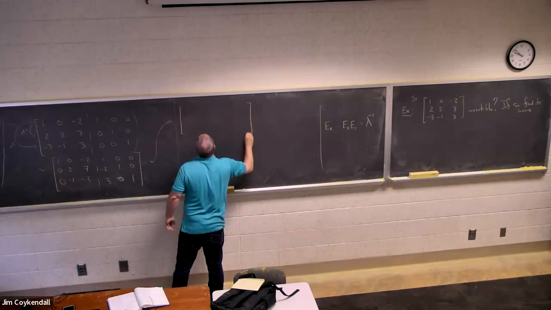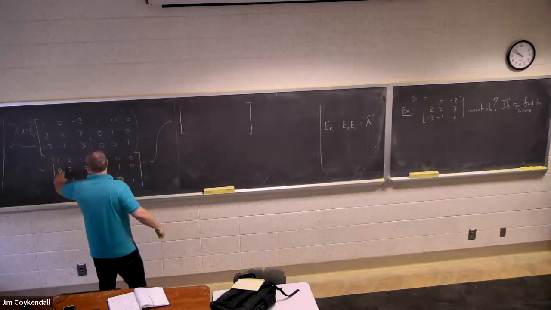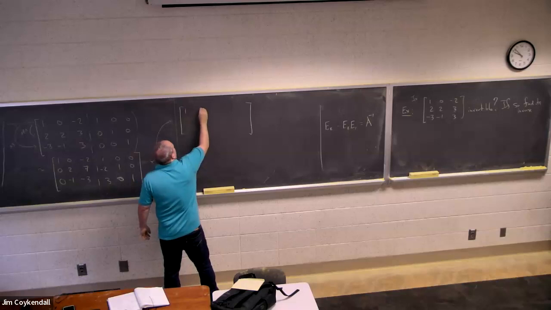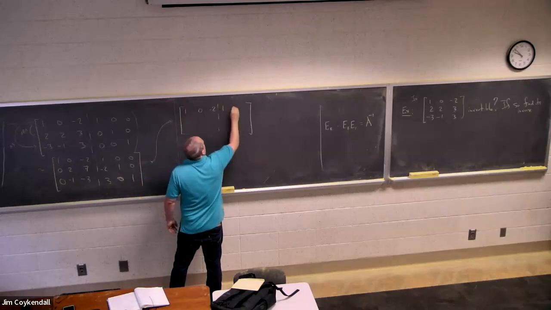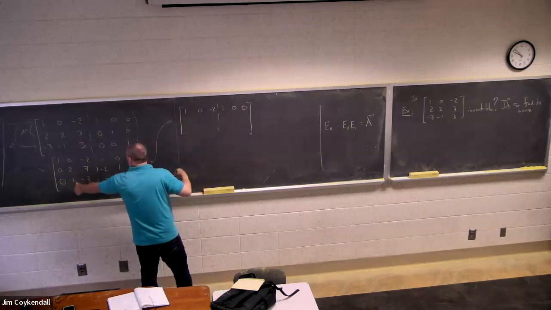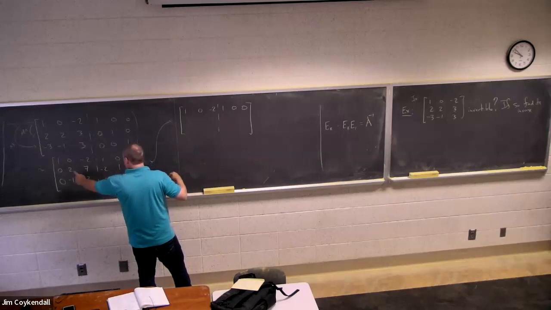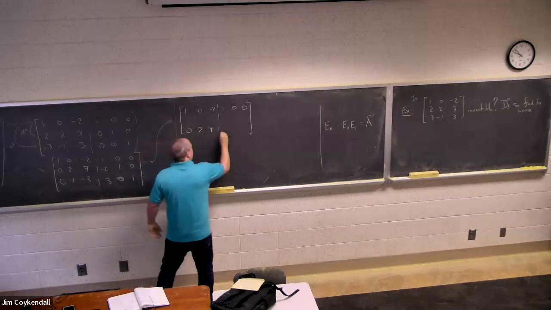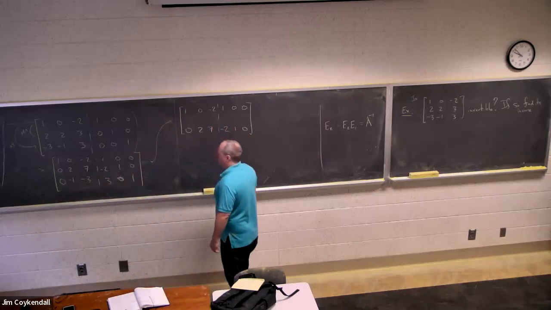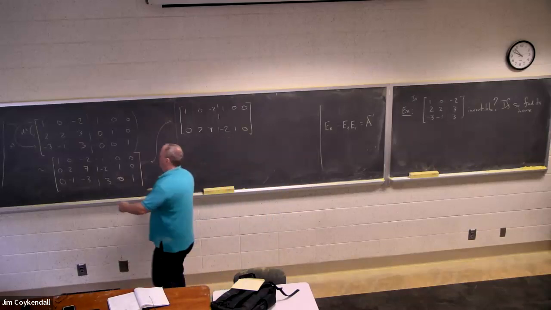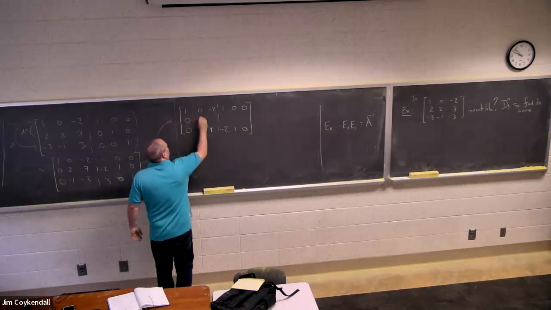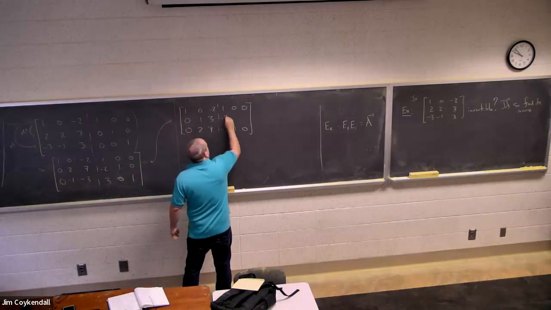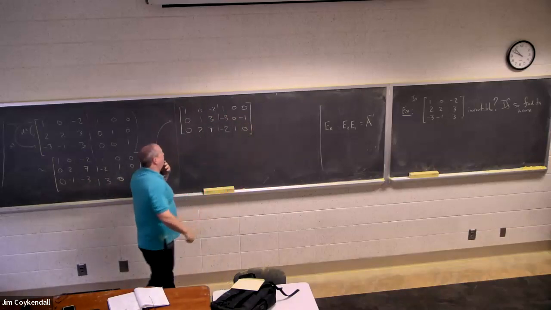Now I'm going to swap these two. I'm going to leave this one, and swap these two, so I'm going to put the 0, 2, 7 and what comes with it, which is minus 2, 1, 0 on the bottom. And I'm going to put this one in the middle and change the sign of it as well, so that's going to be minus 3, 0, minus 1.